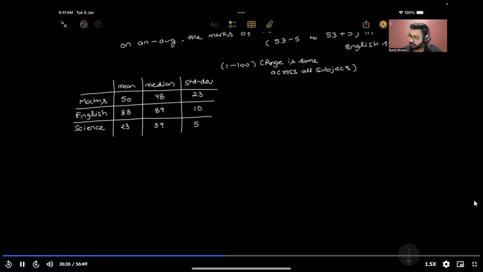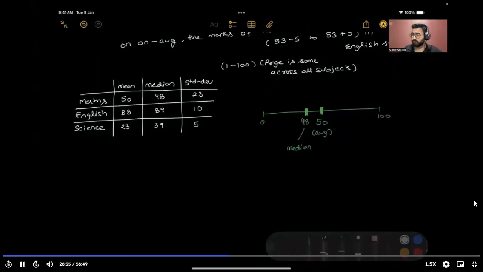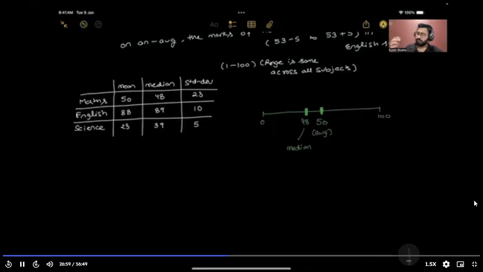Now here, for maths, let's say this is my number line. Minimum is 0, maximum is 100, and average is 50. So this is my average marks. But the median is 48. Median is over here, 48. Now, what we have learned about the outliers in the last discussion on measures of central tendency: wherever we have an outlier, that is the place where your mean will shift, right?